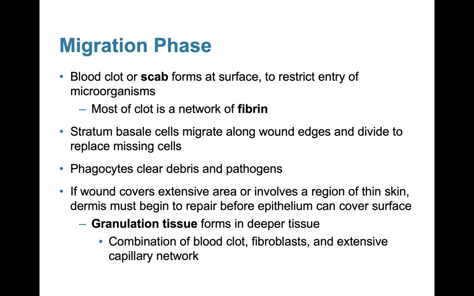The migration phase, this is where a blood clot or scab forms at the surface to restrict the entry of microorganisms. Most of the clot is a network of fibrin. The stratum basale cells will migrate along the wound edges and divide, replacing missing cells. Phagocytes will clear the debris and pathogens.